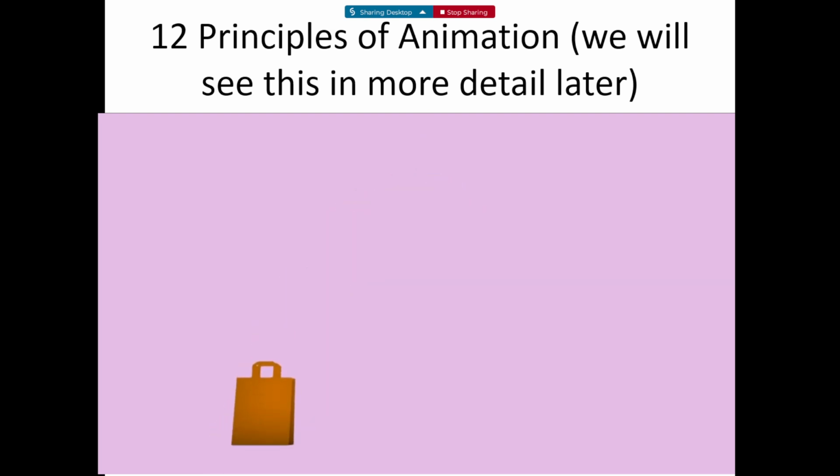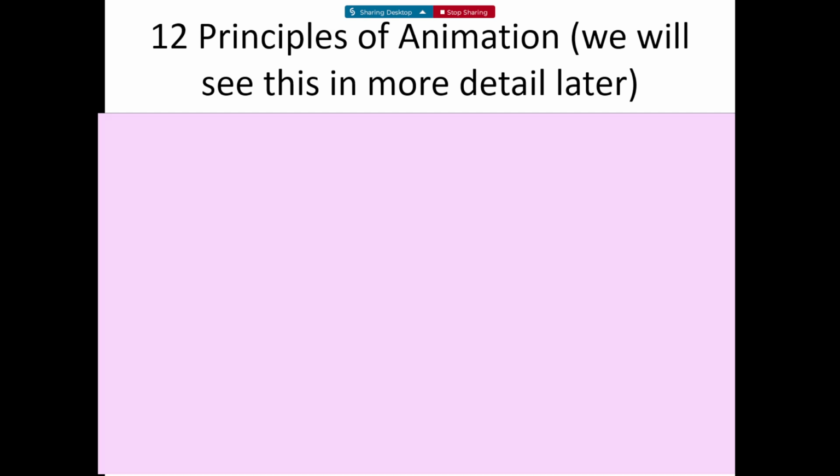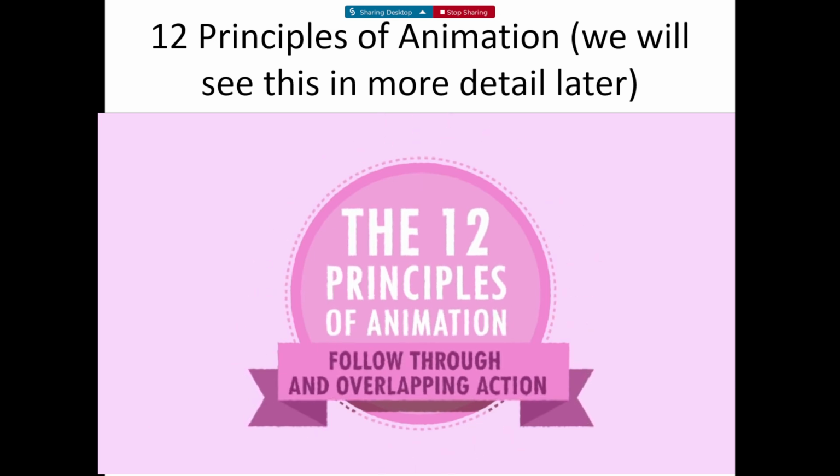This is basically saying, if I start at this, I want it to end at this, and then I want to end in a different pose. Right? That's pose to pose animation.